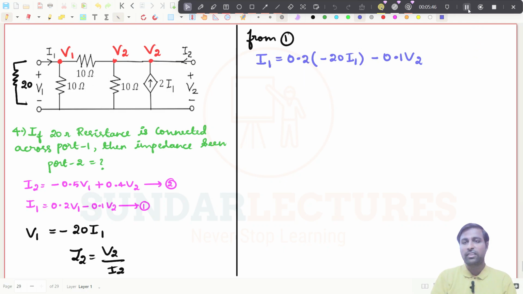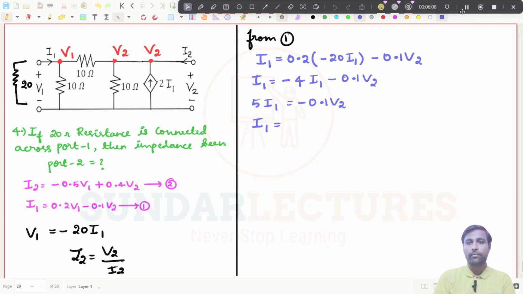If you further simplify this, I1 will be equal to minus 4 I1 minus 0.1 V2. So you bring this to the other side, it will be 5 I1 equal to minus 0.1 V2, and then I1 will be minus 1 by 50 V2. So this will be equation number 3.